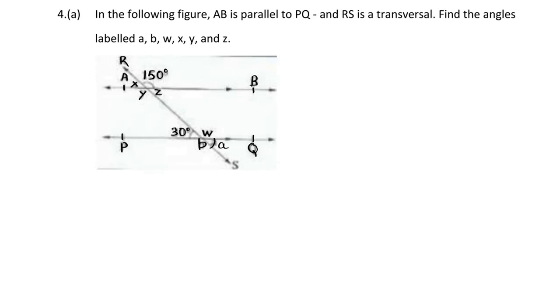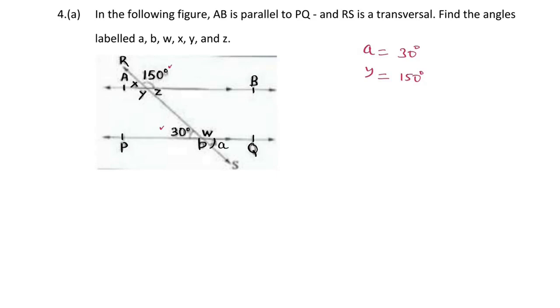So first we are going to start with angle A and Y. We have to recall that opposite angles must be equal. Then for this angle A, we see that its opposite angle equals 30 degrees. Then A equals 30 degrees. And also for angle Y, we see that its opposite angle is 150 degrees. Then angle Y is going to be 150 degrees.